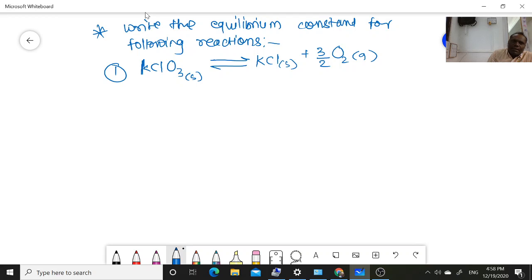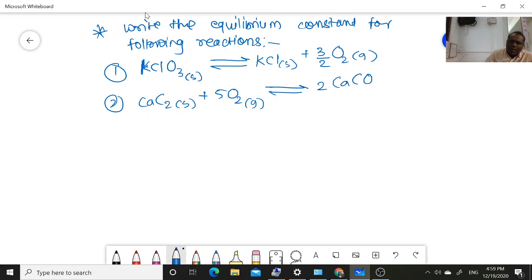Now calculate the number of atoms on the right hand side as well as on the left hand side. The next reaction is CaC2 as a solid plus 5O2 as a gas, forming the products 2 CaCO3, calcium carbonate as a solid, plus 2CO2 as a gas.